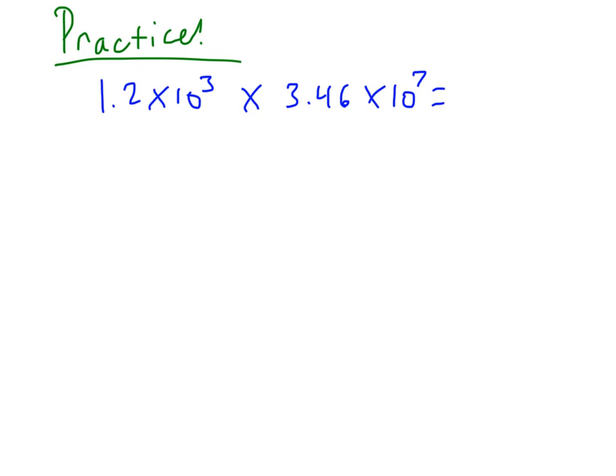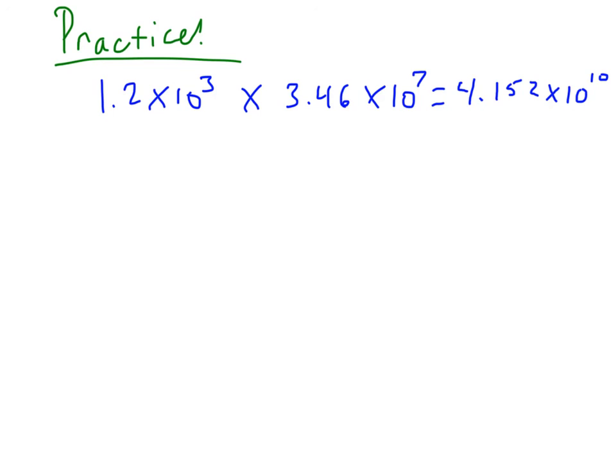You can use a regular standard calculator if you need to in order to multiply your m parts and then add your exponents together. So take a couple of seconds to do that. If you need to, pause the video and then I'll put the answer on the screen here in just a second. Okay, and you should have come up with 4.152 times 10 to the 10.